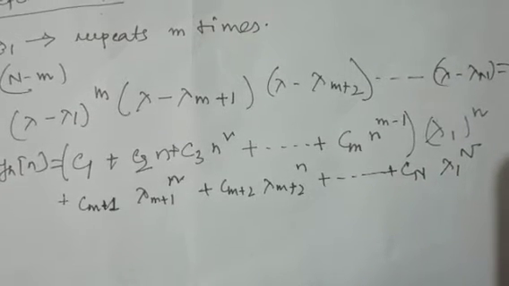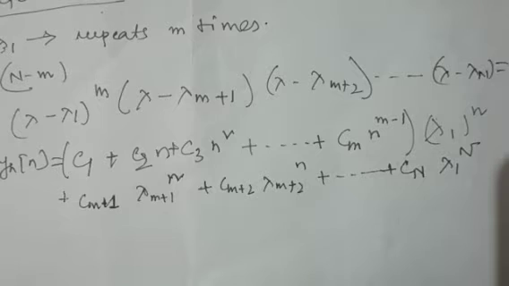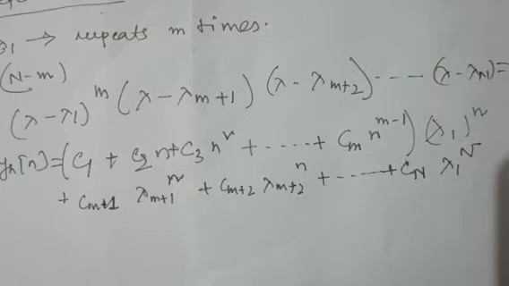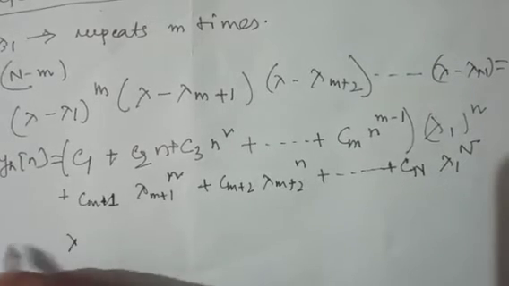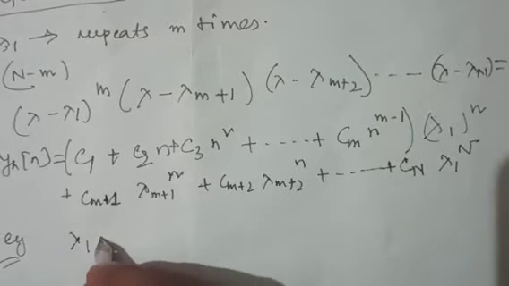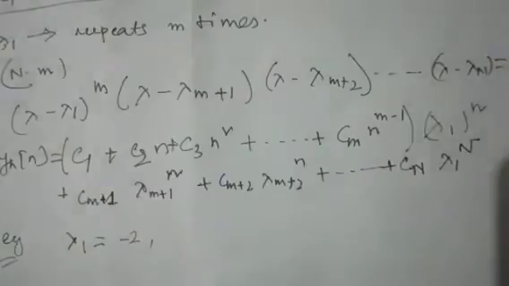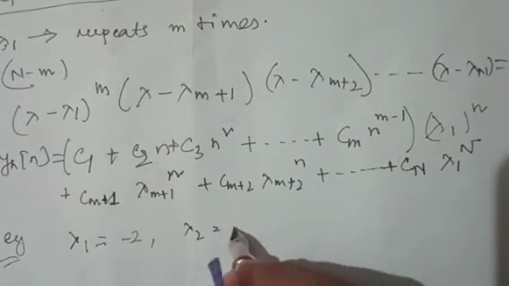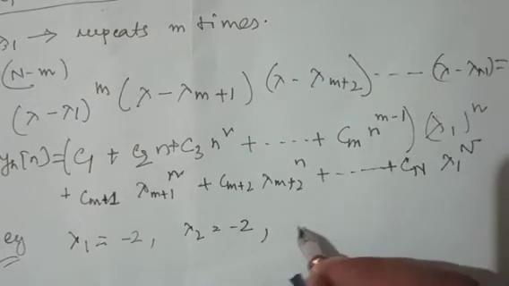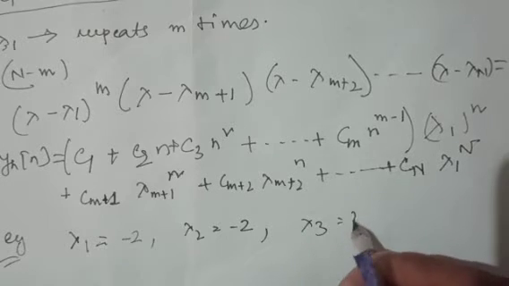For example, suppose the characteristic equation has three roots, and two roots are repeating. Say lambda 1 is minus 2, lambda 2 is also minus 2, which means it is repeating, and lambda 3 is 2.